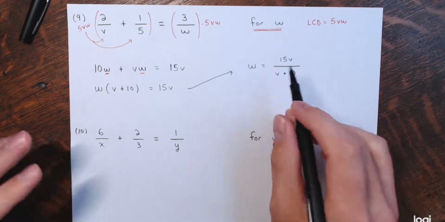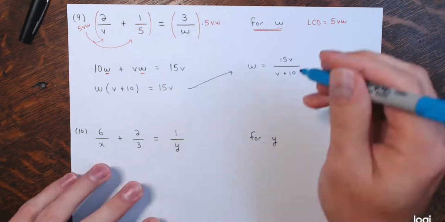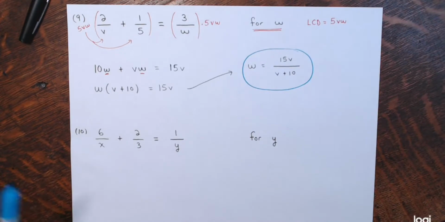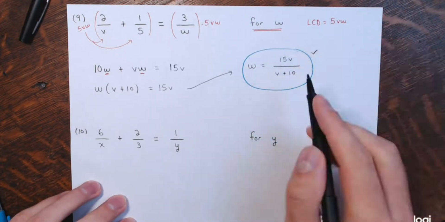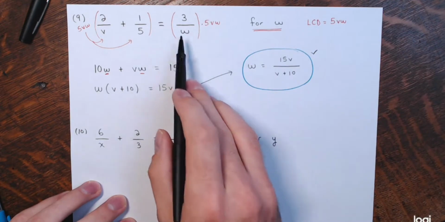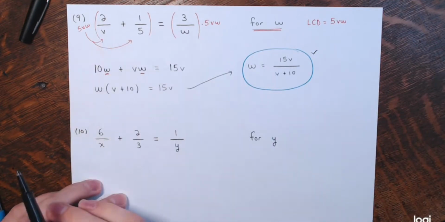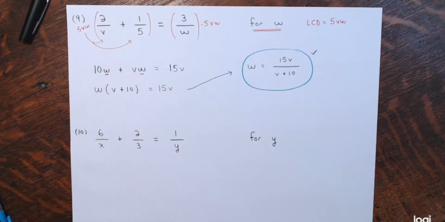That stays the way it is. So this is as simple as that gets, and we have solved for w. And again, don't forget to check: replace w with this expression and see that the equation is a true statement.